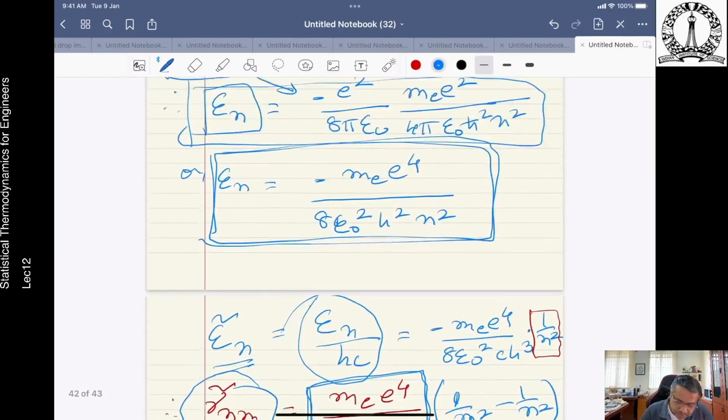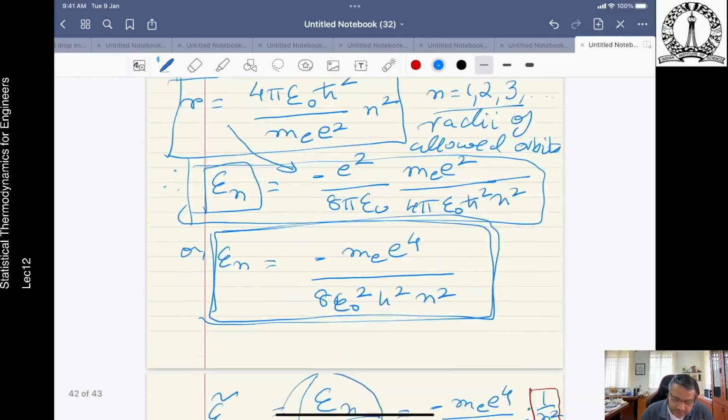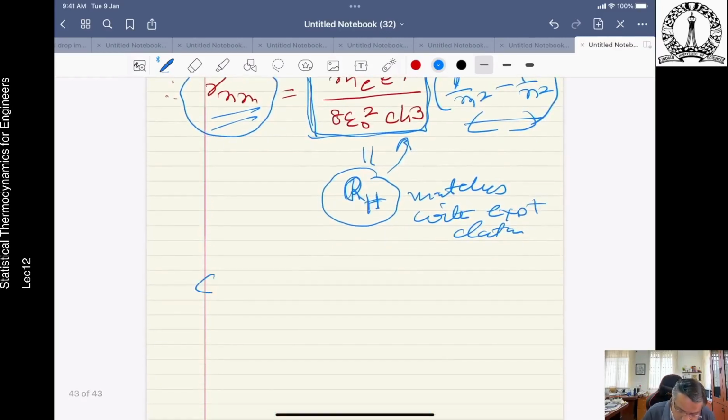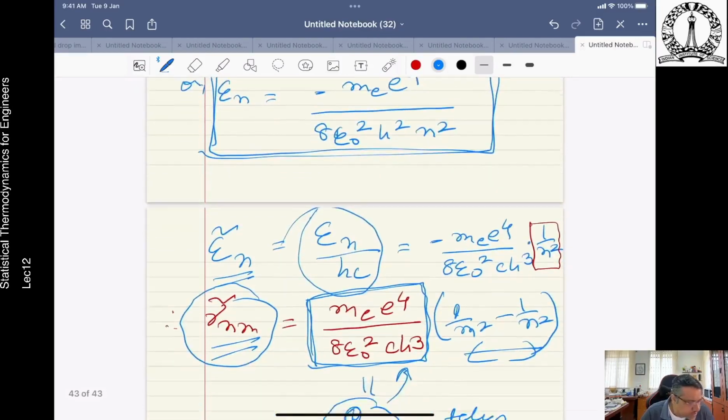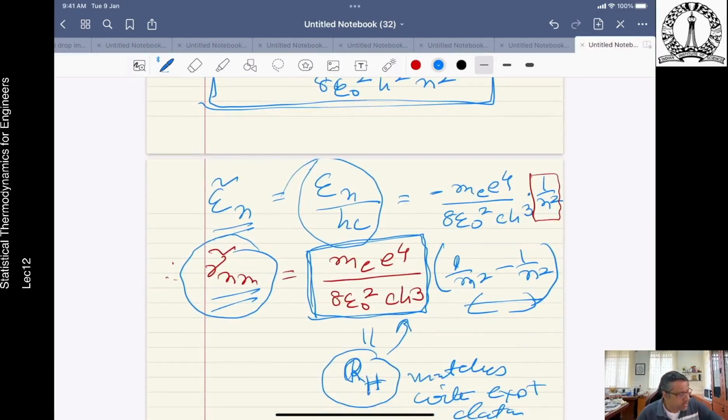Okay, so you can understand what we did over here. Let us write this expression quickly so that you get an idea of what we exactly mean when we say energy.